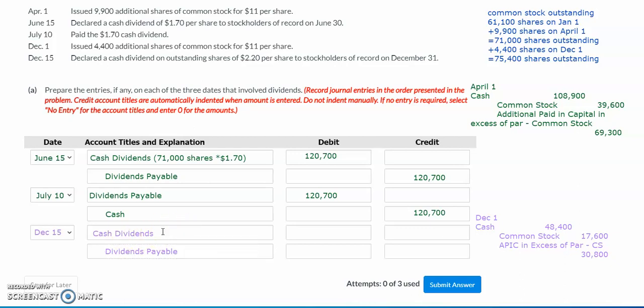And I'm going to take our number of shares, which is going to be 75,400 times the amount that's being issued per share of $2.20. Which is going to be $165,880.